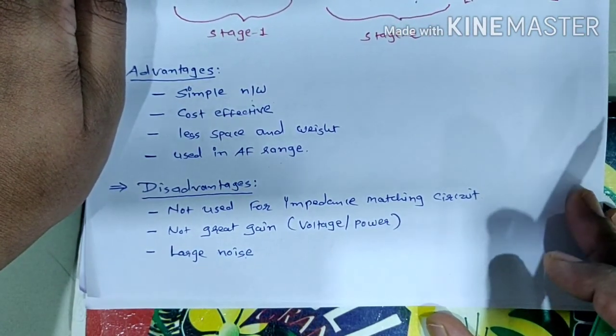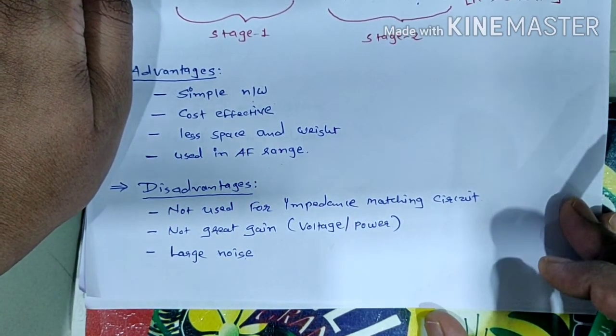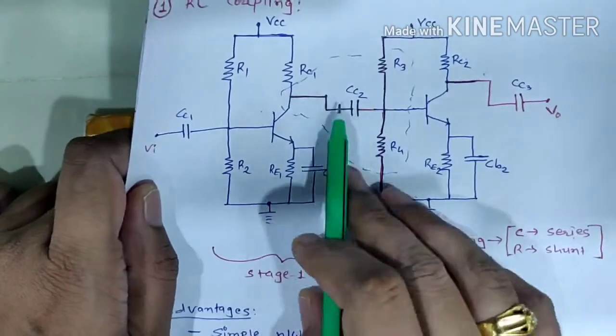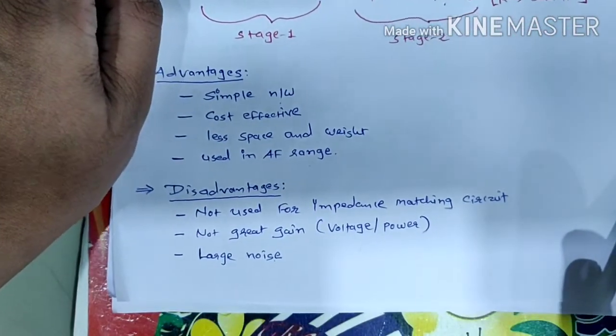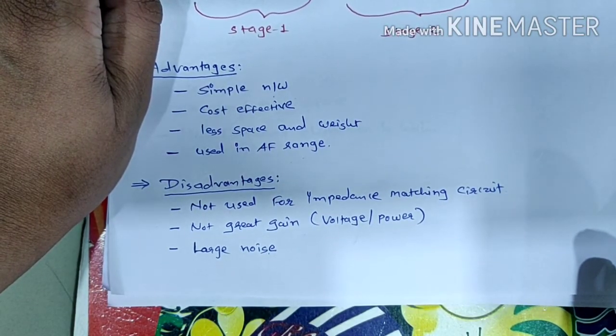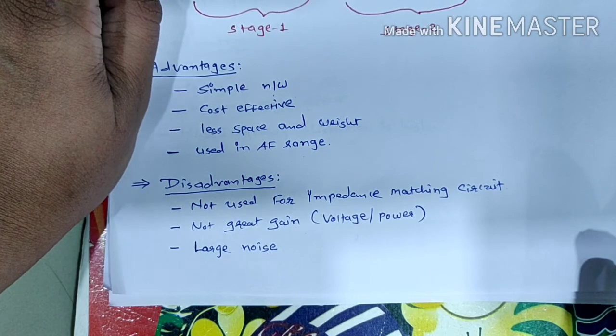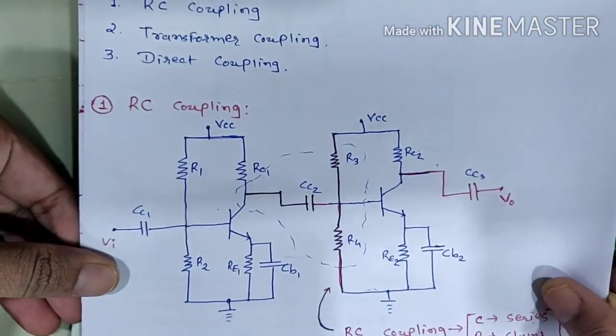After all, there is always a noise level in the amplifier, but the RC coupling will add additional noise. So there is a problem of large noise in the next stage. So this is the RC coupling.